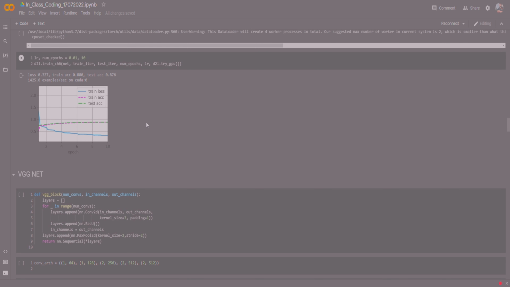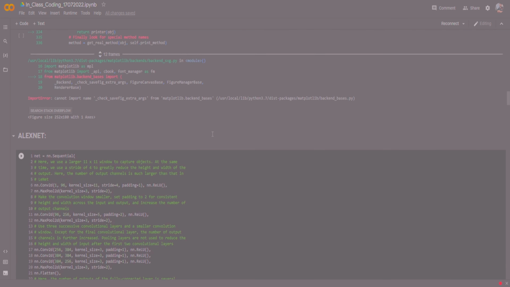This is what was expected: the training loss, then the accuracy during the training, and the accuracy during the testing. These three things should be plotted as the iterations proceed, as and when we give the data set for training. For the next one, we are going to do it later.